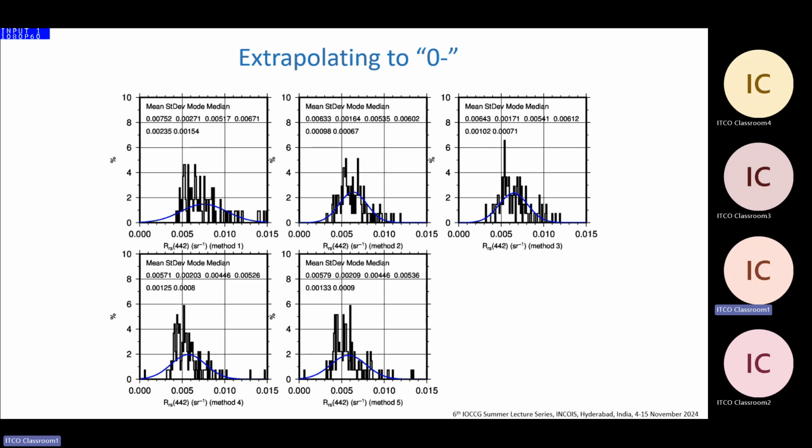And considering that the method which would give us the distribution closest to a normal distribution would probably be the best one. That's kind of subjective, but anyway, that's how we decided to use one of these different techniques.